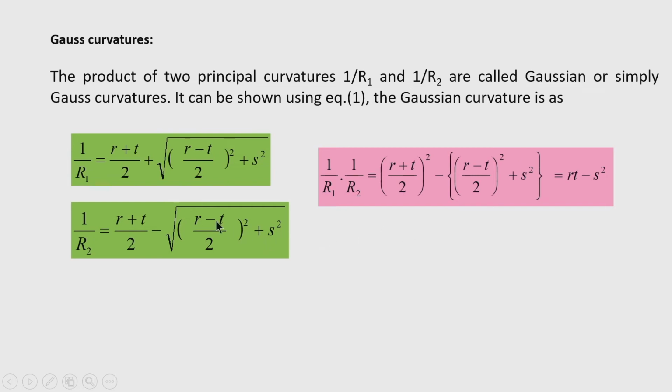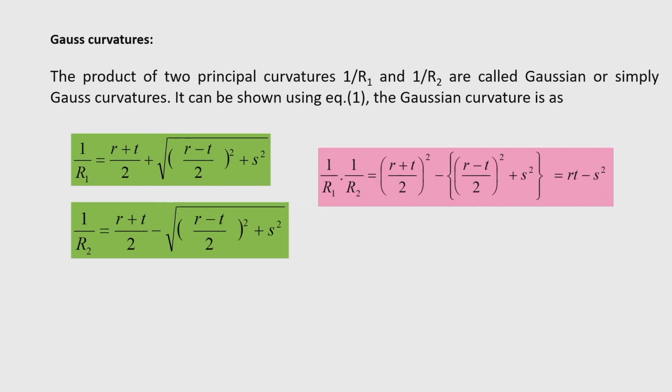What is r? r is actually the curvature along the x direction, and t is the curvature along the y direction, and s is the twist curvature. So, knowing this we can find the Gauss curvature.